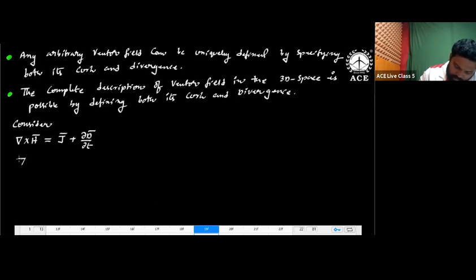Second Maxwell equation: del cross E is equal to minus dou B by dou t. Third: divergence of D, which is divergence of epsilon into E, is equal to rho v. Fourth: divergence of B, which is divergence of mu into H, is equal to 0.